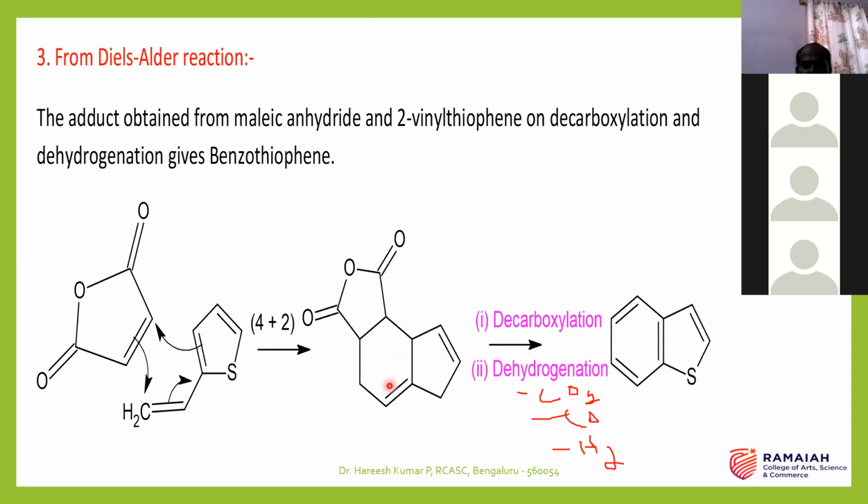Once this endo product is obtained, on heating, what will happen? There will be a decarboxylation, and in addition to the decarboxylation, there is also a decarbonylation. Decarbonylation means removal of CO. Decarboxylation means removal of CO2.